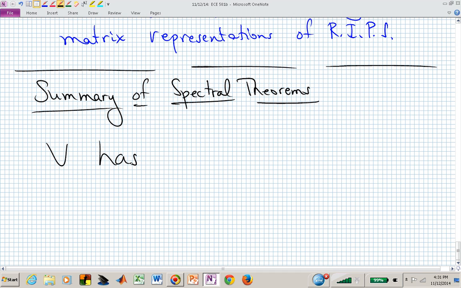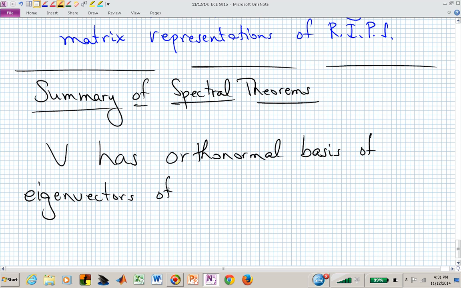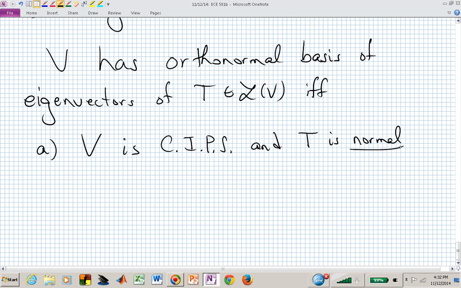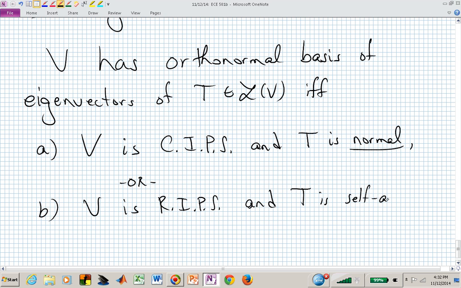V, this inner product space, has an orthonormal basis of eigenvectors of linear operator T if and only if A, V is a complex inner product space and the operator T is normal, or B, V is a real inner product space and T is self-adjoint.